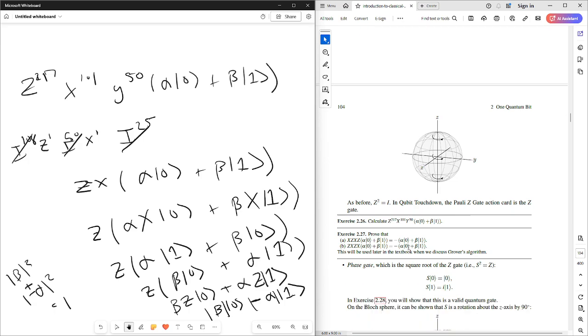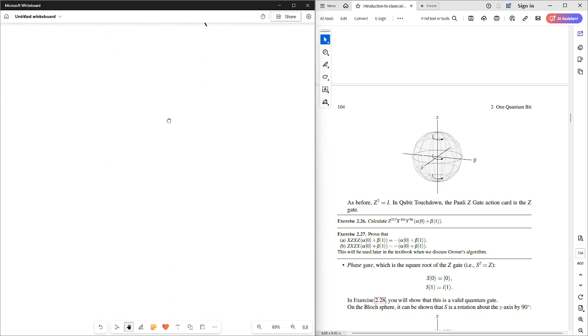And let's take a look at, so 2.27 is of interest to me because we use it. It's discussed later in Grover's algorithm. I don't have, it doesn't look like I worked through that one. So let's take a look here. So prove that XZ of generic psi there is equivalent to minus, okay.